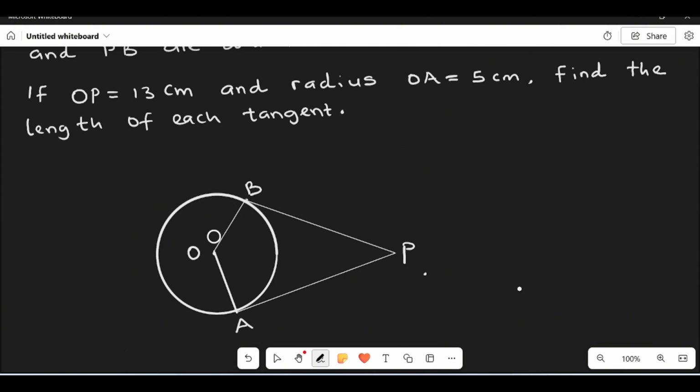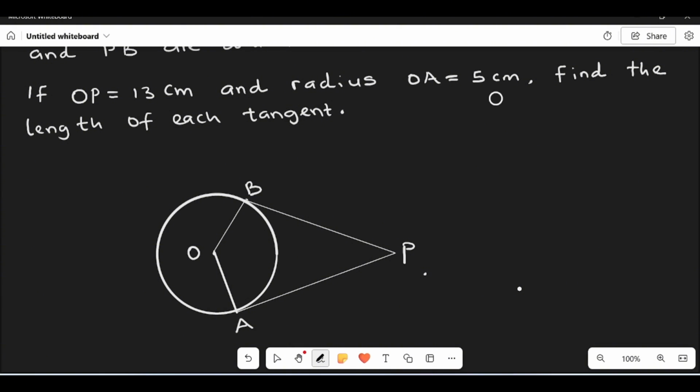This is our circle with center O. Our external point P is this, and our radius OA is this, and our tangents are PA and PB.